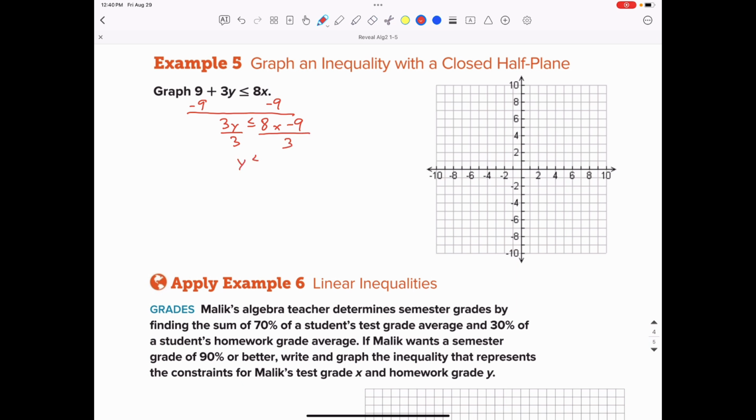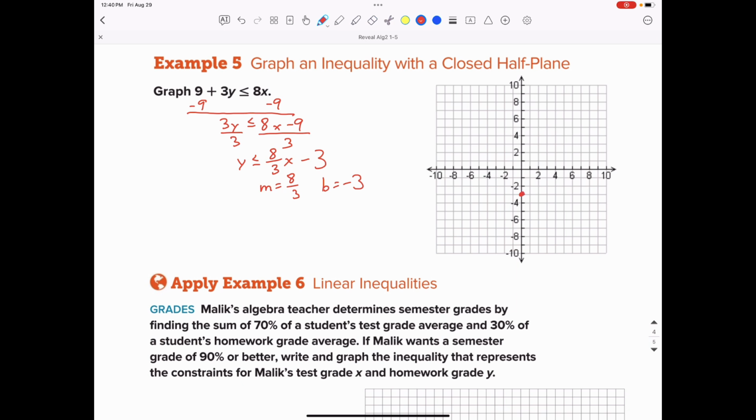So y is less than or equal to 8x divided by 3, which is 8/3 x, and negative 9 divided by 3 is negative 3. That means my slope will be 8/3, and my y-intercept, my b-value, will be negative 3. So I will start at negative 3 on the y-axis and place a point there.